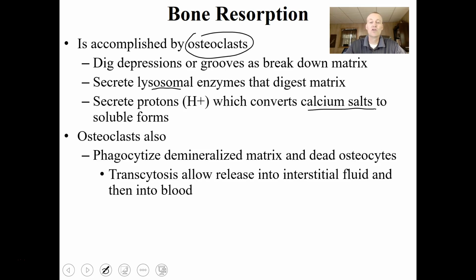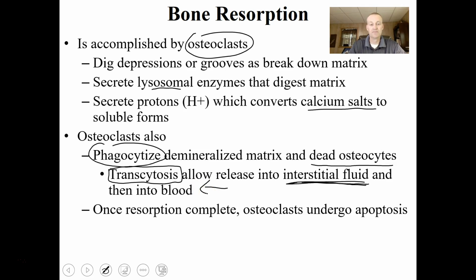Osteoclasts also will phagocytose, that is, they'll eat up demineralized matrix and dead osteocytes, and in the process of transcytosis, where the materials come into the cell, they'll actually move on through the cell and then out of the cell. They send these digested materials into the interstitial fluid, the fluid that surrounds where they're sitting, and eventually into the bloodstream.